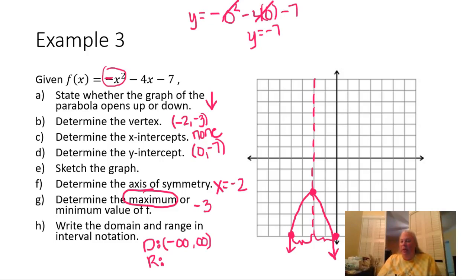It is the highest point. The lowest point this graph can go, well, we've got an arrow right here. We've got an arrow right here, meaning that both of these are heading down toward -infinity. And then the highest that it can go is right here to the vertex, where we said y was equal to -3. And because of that closed circle, we do want to put a bracket on it.